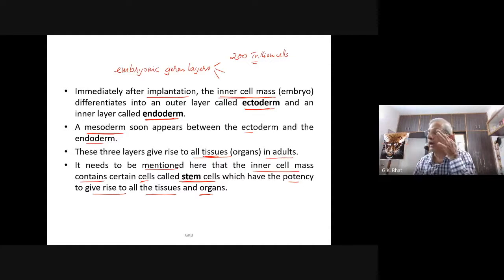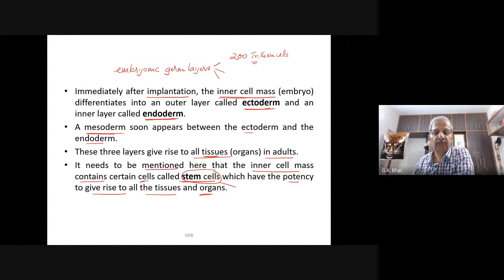During development, some cells get differentiated, and these are called stem cells. If you preserve these stem cells of the embryo, in case any organs get damaged later, you can culture these stem cells and replace the damaged cells.